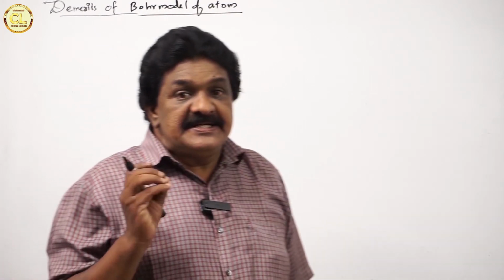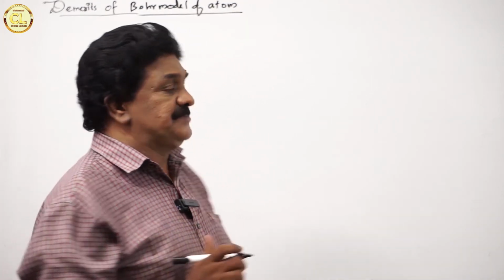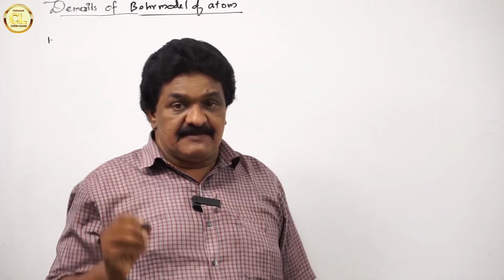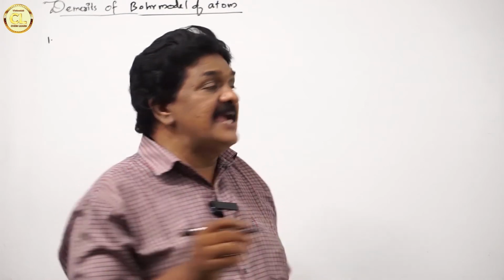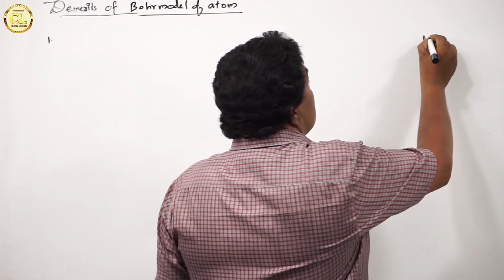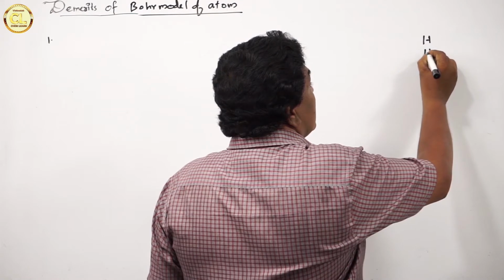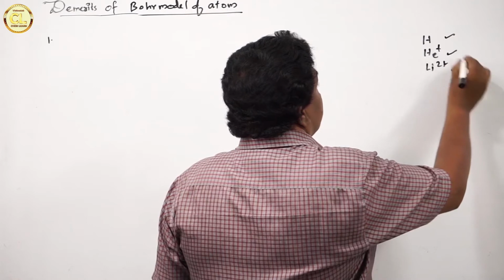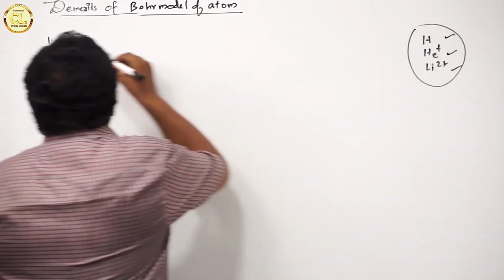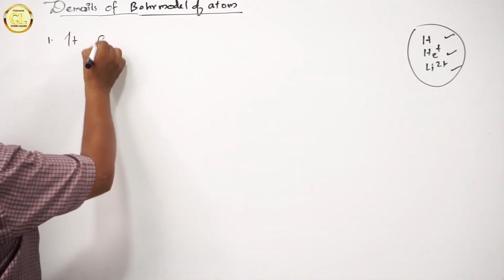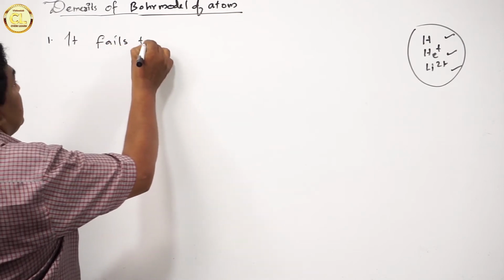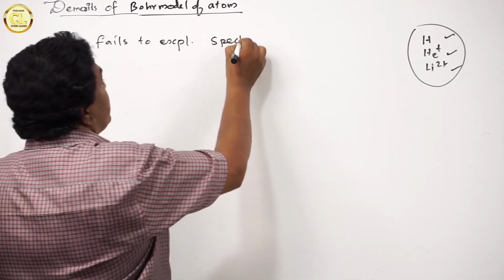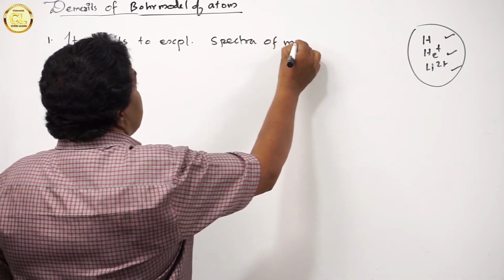Let us learn demerits of Bohr model of atom. First point. Even though Bohr model could explain the spectra of single electron systems like H, He plus, Li2 plus, etc., it fails to explain spectra of multi-electron systems.